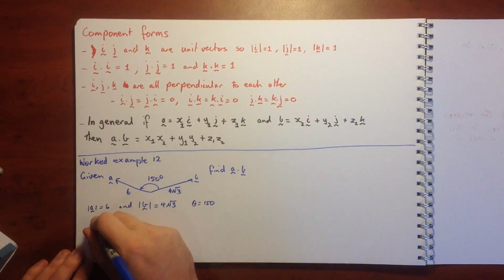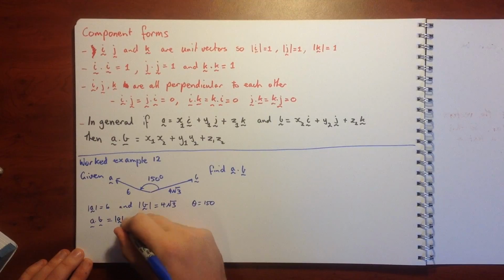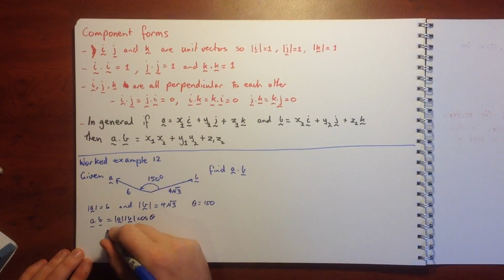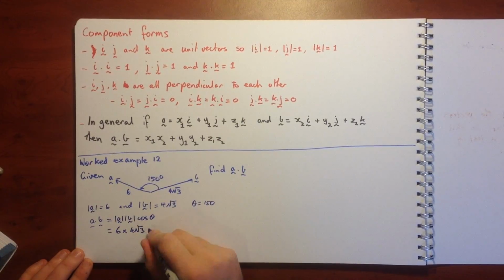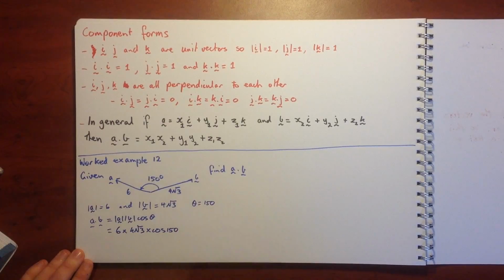Well, then we need to say A dot B is equal to the magnitude of A times the magnitude of B times cos of the angle between them. So our magnitude of A is 6 times our magnitude of B, which is 4 root 3, times cos of 150.